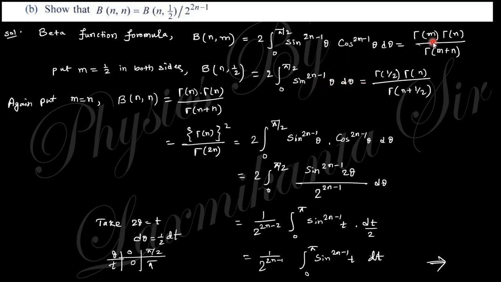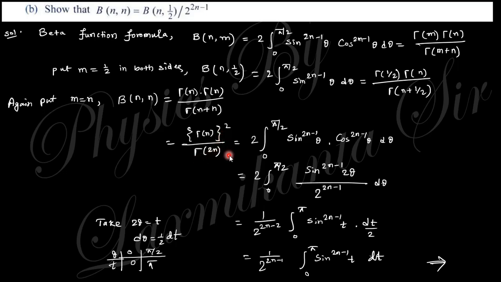And on the right hand side, m equals half, that is gamma half gamma n, and again put m equals n, that is beta n comma n, that is gamma n gamma n by gamma n plus n.